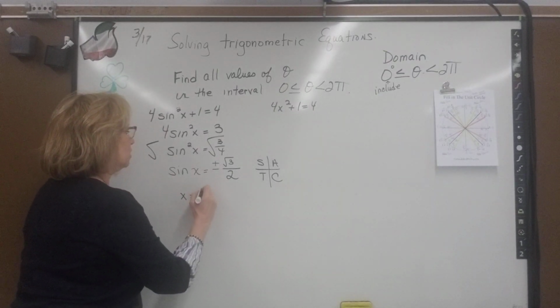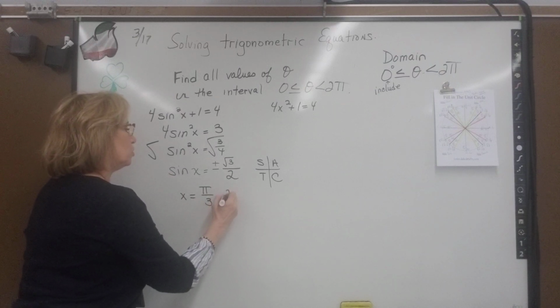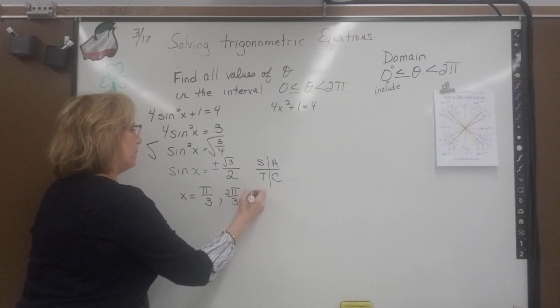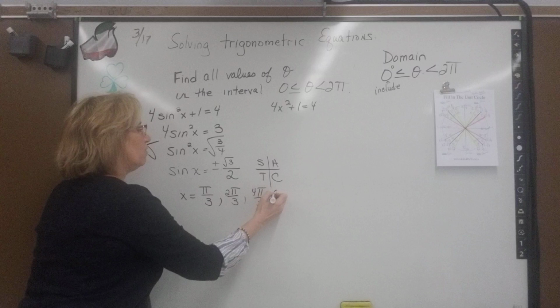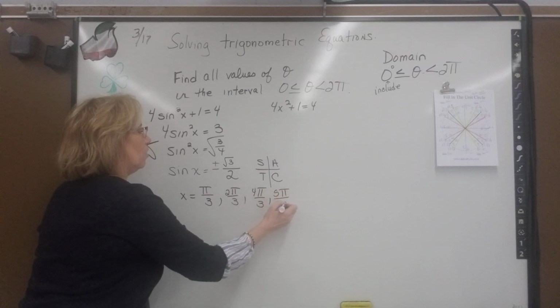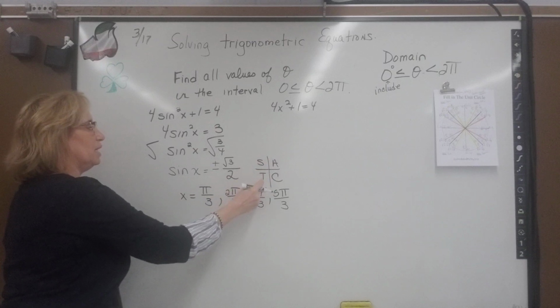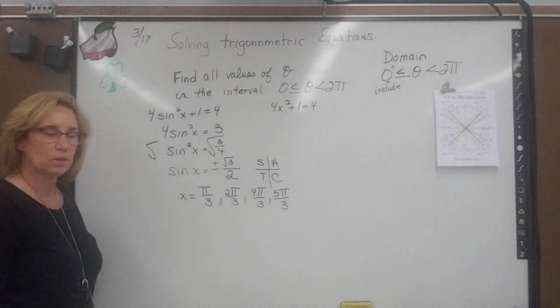So it's pi over 3 in quadrant 1, 2 pi over 3 in quadrant 2, 4 pi over 3, and 5 pi over 3. Okay, because it's plus and minus, we had positive here and here, negative here and here, so everybody's coming to that party. Okay?